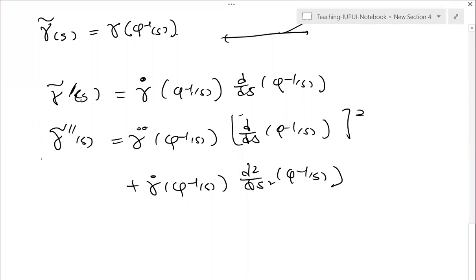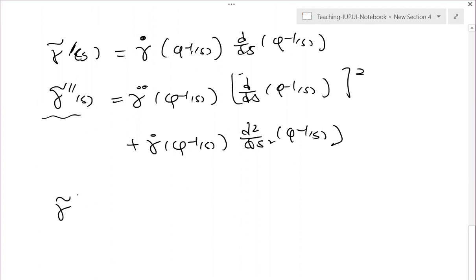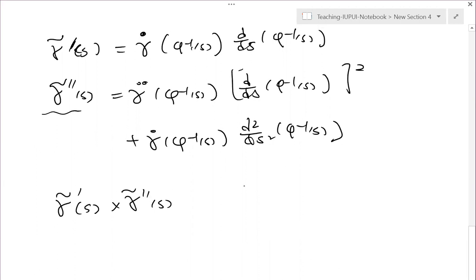So I just want to find the length of that. What I'm going to do is look at the dot product. If you look at the dot product, this times that is going to be 0.